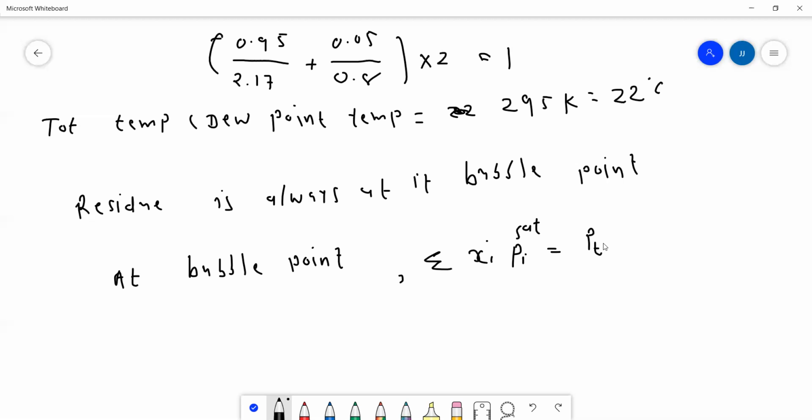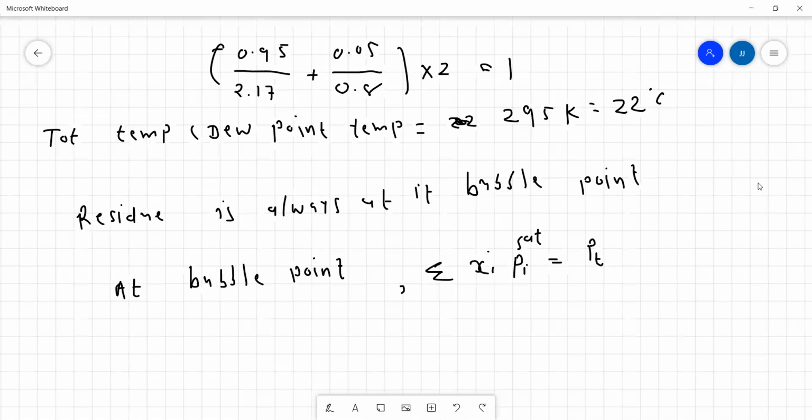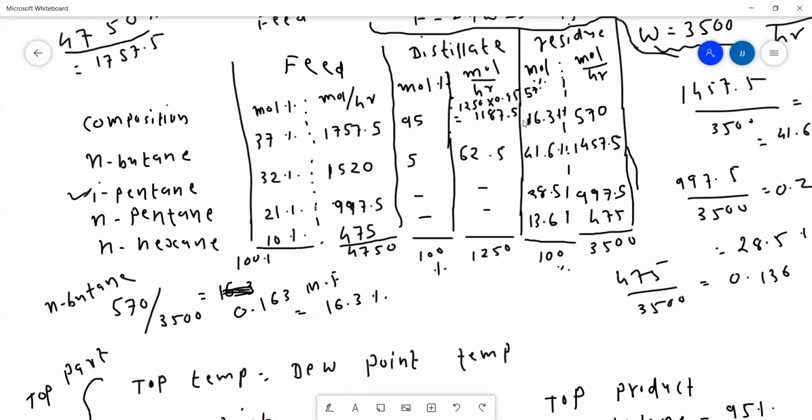Now in the residue we have four components, having different compositions: mole percent 16.3, then 14.3, 41.6.